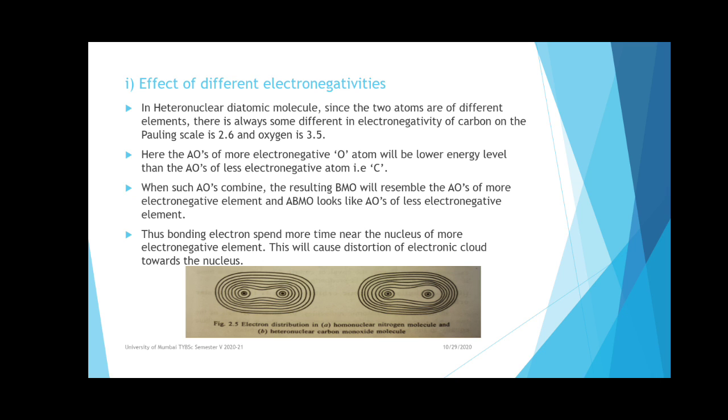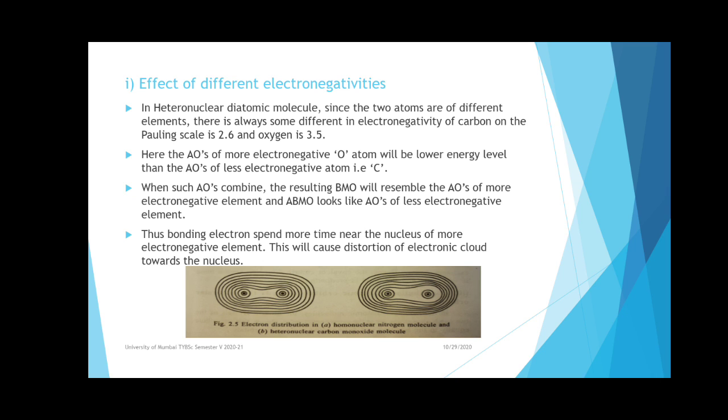For example, the electronegativity of carbon on the Pauling scale is 2.6, while that of oxygen is 3.5. Pauling scale and Mulliken scale are different scales used to define electronegativity.